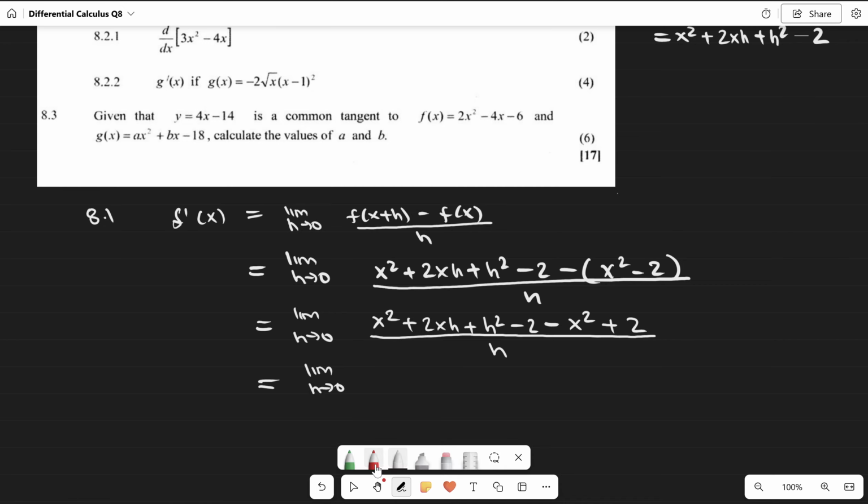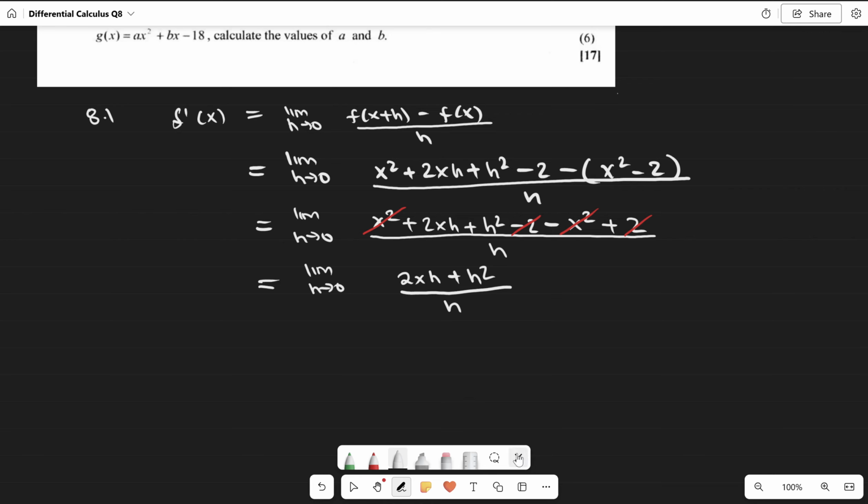If we look at this, we have x squared and negative x squared, so we can take those out. We have positive 2 and negative 2, so those can go out. So what are we left with? We are left with 2xh plus h squared all divided by h.